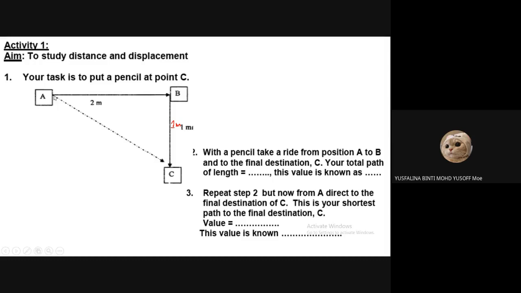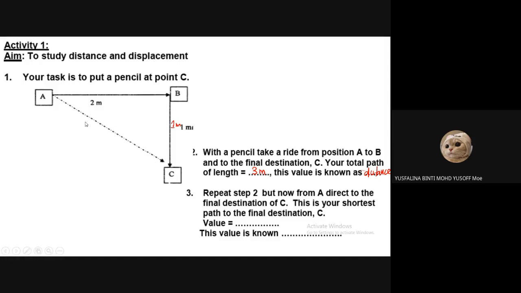If you want to go from A to C through B, the total length is 3 meter. This value is known as the distance. Now repeat step 2, but now from A directly to the final destination C. So from A, go straight to C.